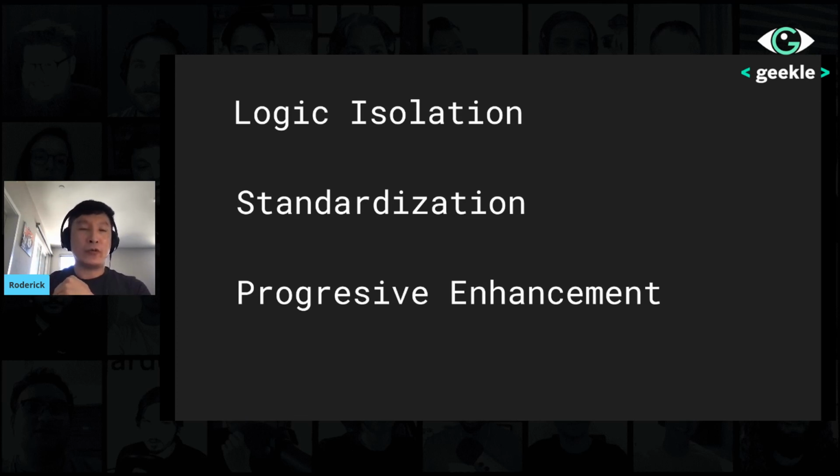You start from standardization, by defining how you're rendering your layout and what steps you're providing, so everyone builds under the same standard. And you can progressively enhance all the features one by one, easily and without regression issues.